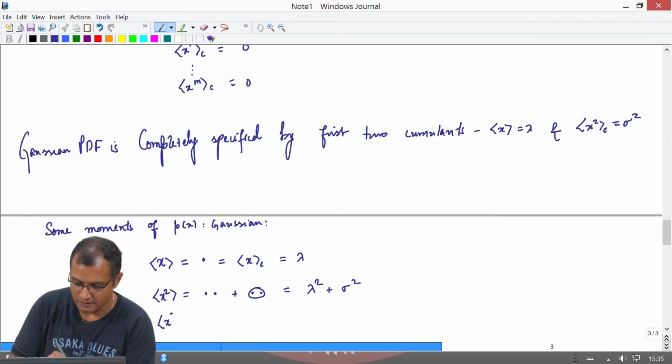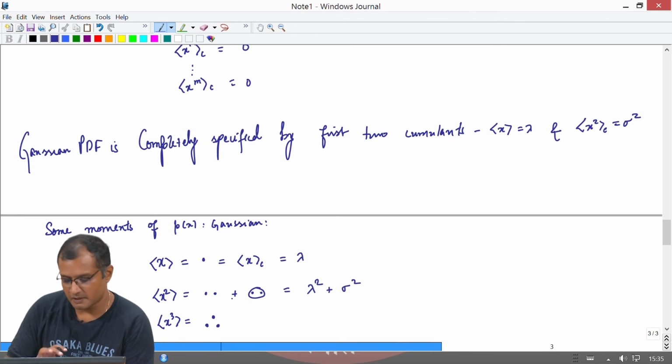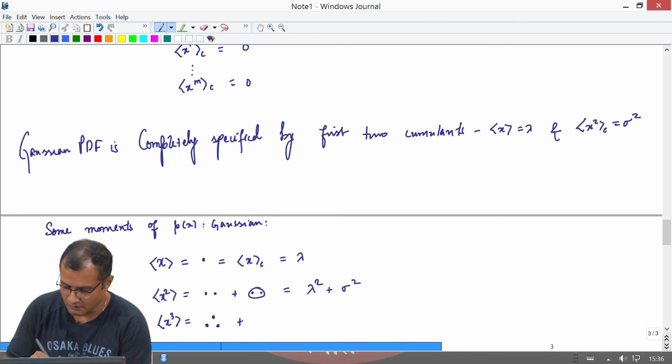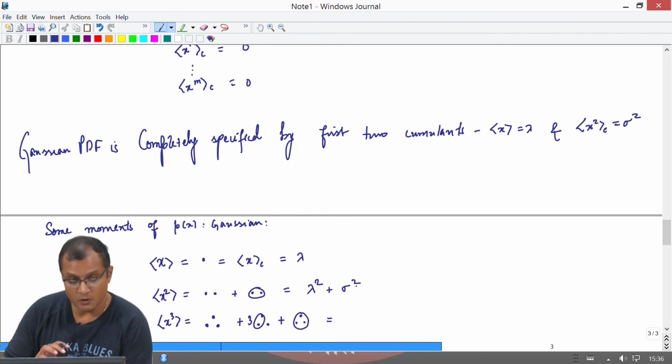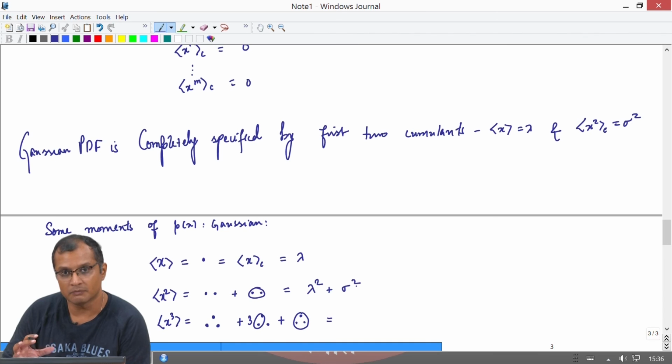And the third moment would be, you take 3 dots. The 3 dots can be disconnected, or you can connect 2 of them and leave the third guy, and there are 3 ways of doing it, and you have connections on all of them. This is it. Now, 3 open dots, as we know, are moments.